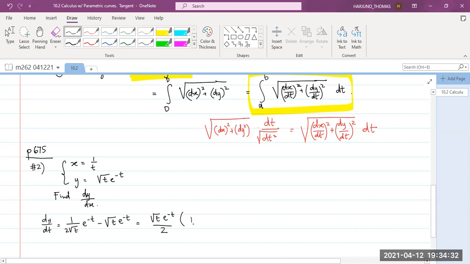So I get... I'm sorry, not t, 1 over t. You know what? No, I factor this at the bottom instead. That's the lower exponent, 2 square root of t. So I get t here minus 1.